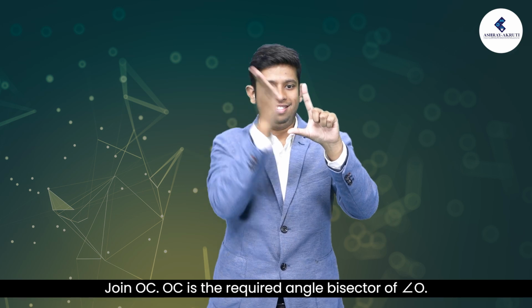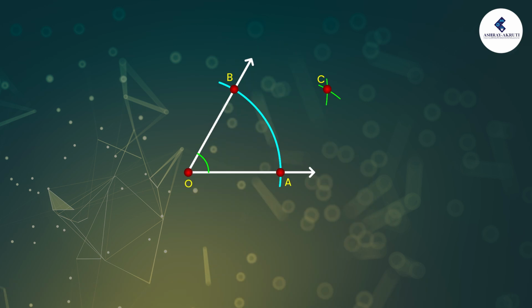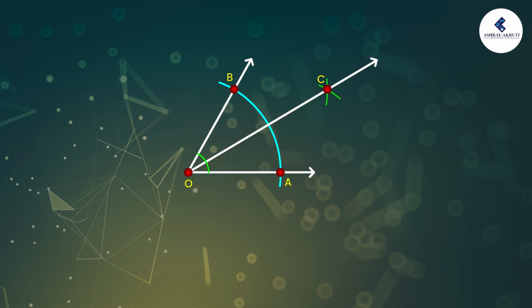OC is the required angle bisector of angle O. Hence, angle BOC is equal to angle COA.